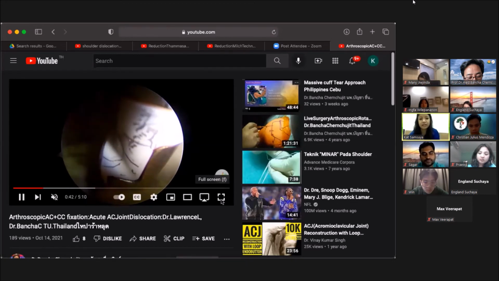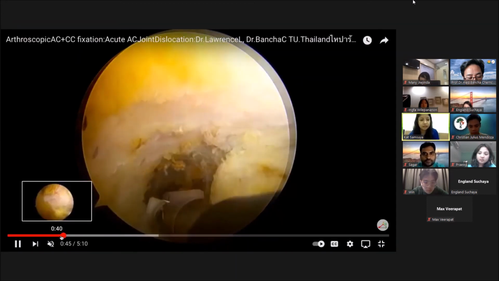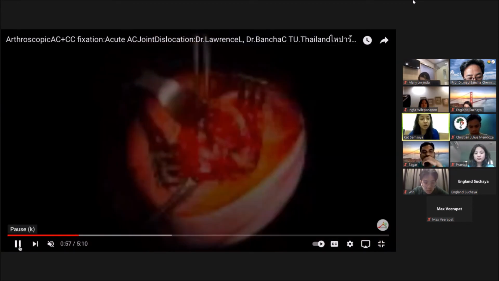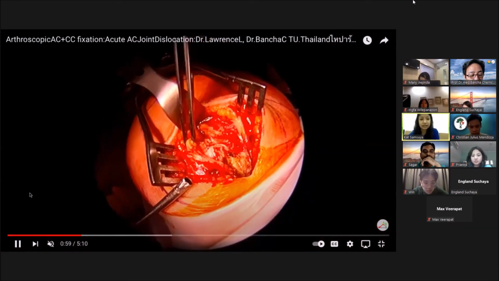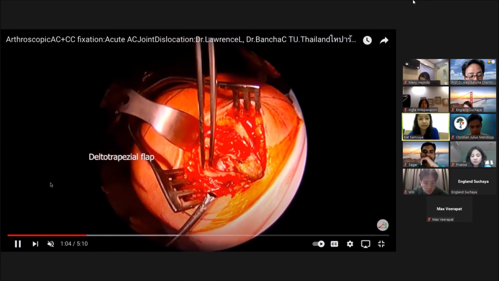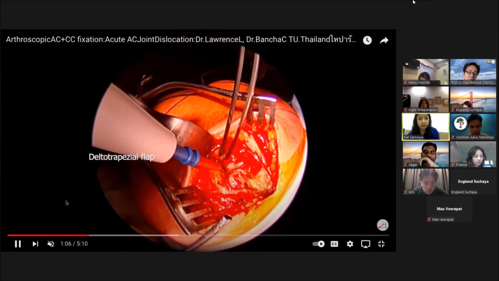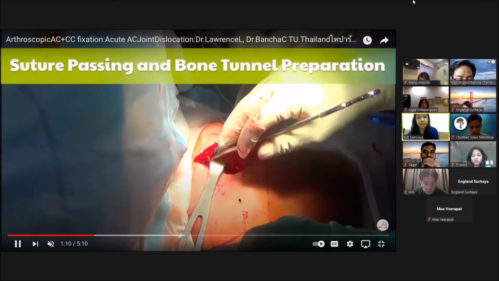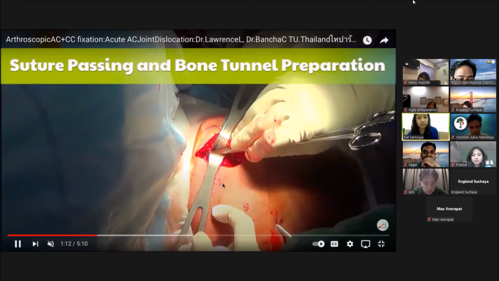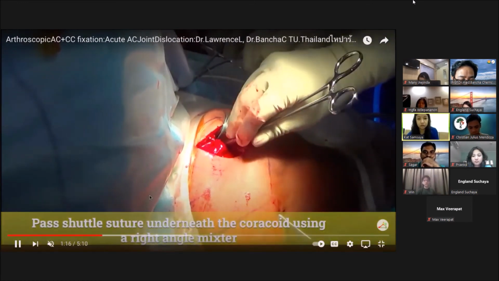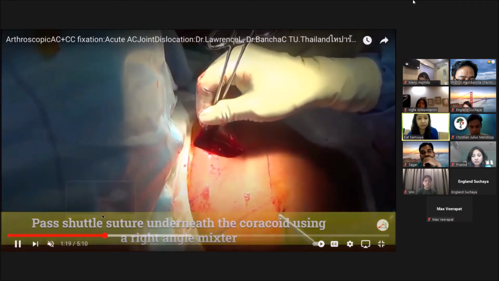So after that, sir, once that is done, we go out and then make an incision over the distal part of the clavicle. And then there we dissect. Usually with surgical types of AC joint injury, the deltotrapezial fascia is already torn. So we will repair this later.